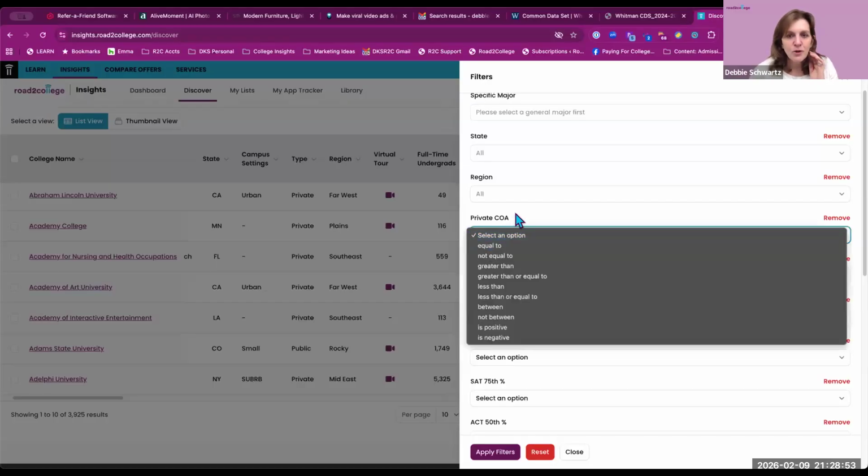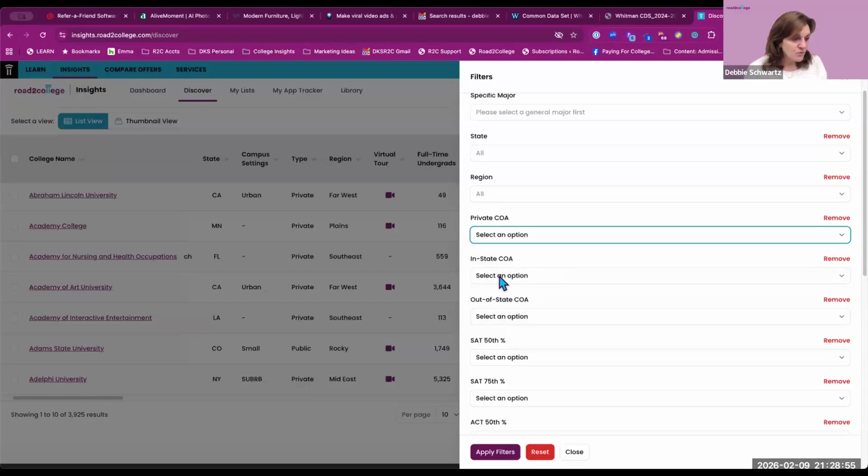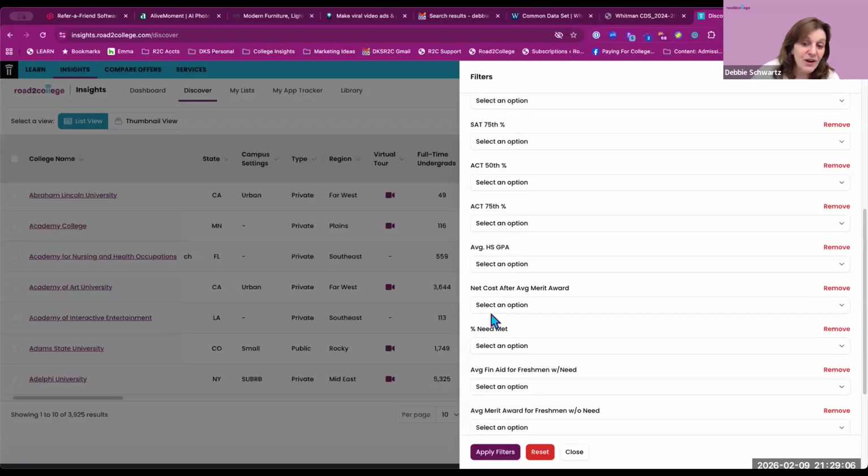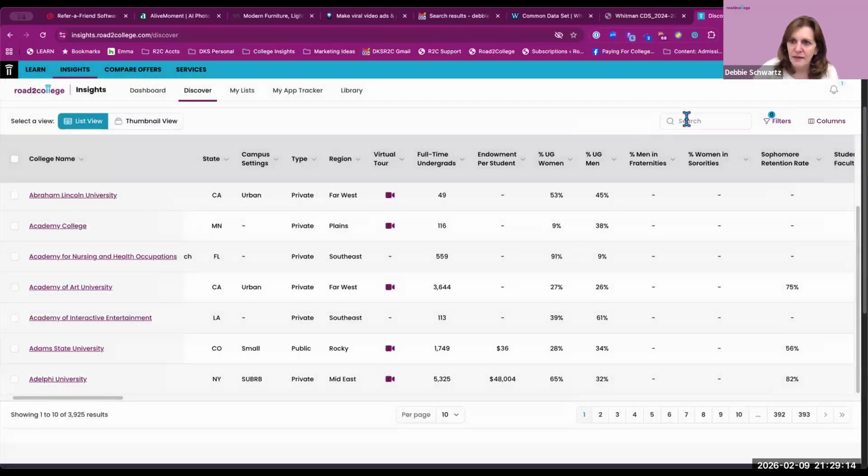You can do that. You can look at the colleges within your state that have in-state tuition of a certain dollar amount, or out-of-state colleges. So we have all this data that you can be filtering on. And we actually also have where we've done the math to say on average, let's say Whitman, let's actually pull up Whitman here.